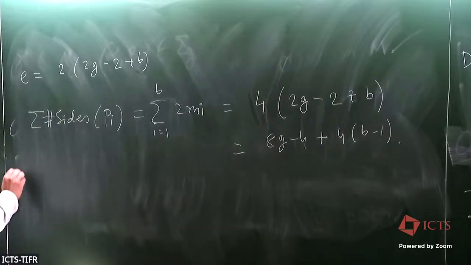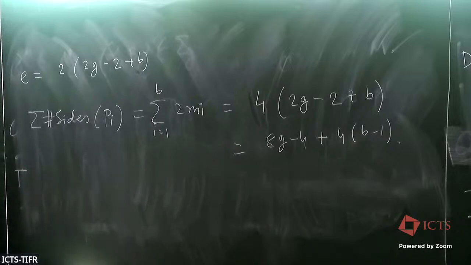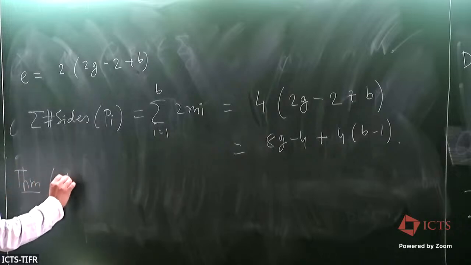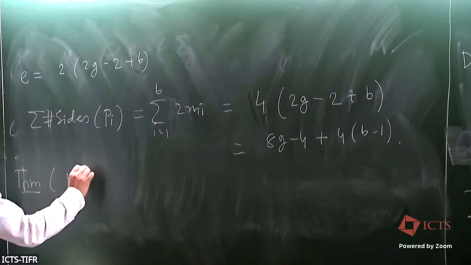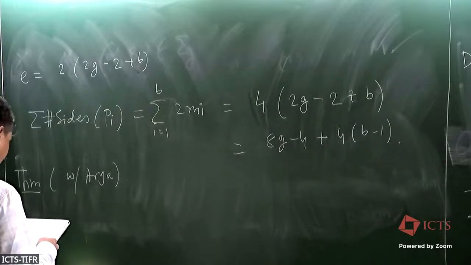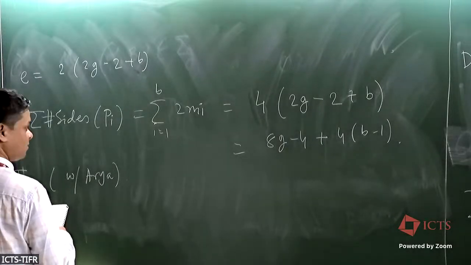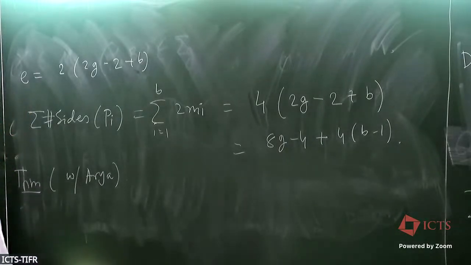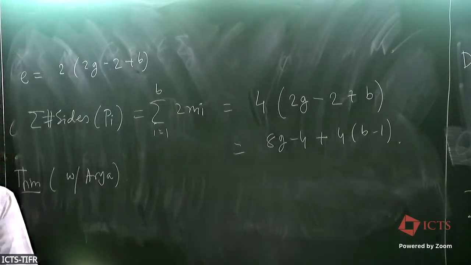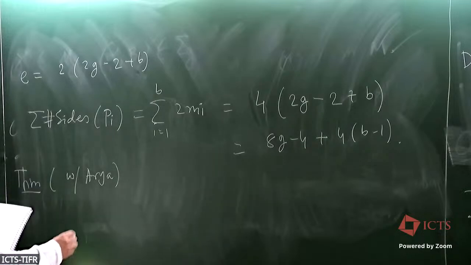So here is the theorem, where we have proved a version of the isoperimetric inequality in area. So here is the statement.